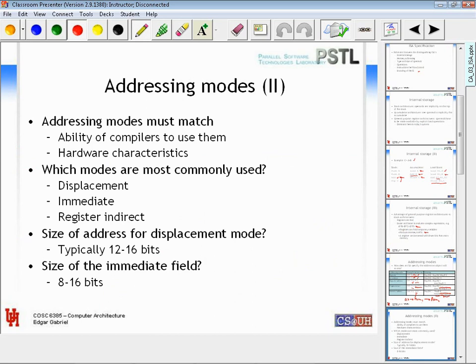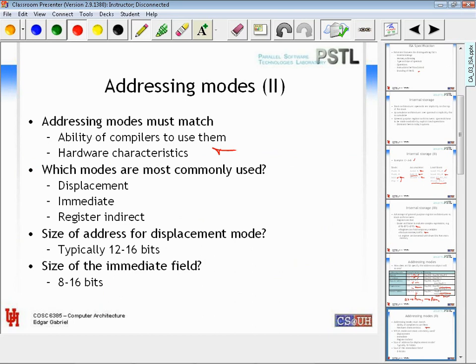However, it also poses the challenge onto the compiler to use them properly. Plus, it also depends very often on certain hardware characteristics whether, as an example, a memory indirect addressing mode can really be implemented efficiently.